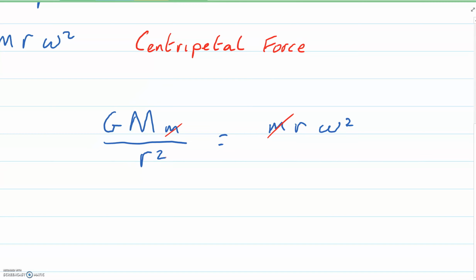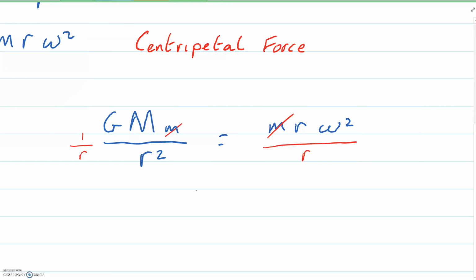But what we can do is we can get rid of or move this r over. And to move the r from this side, what you're going to do is divide by r, and then you're also going to divide this side by r. So what does that leave us with?